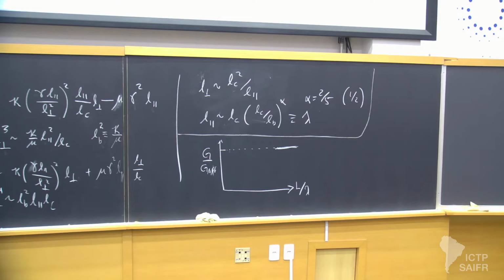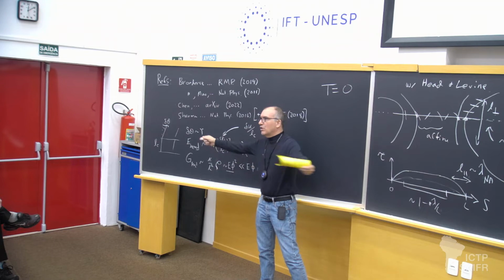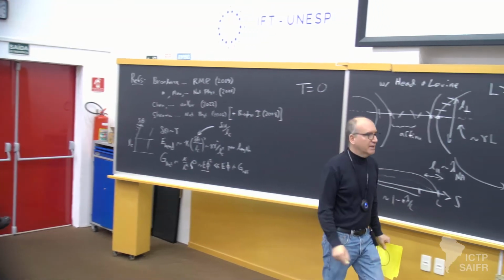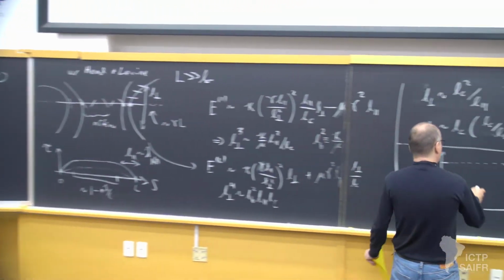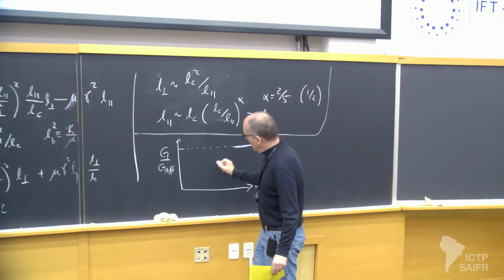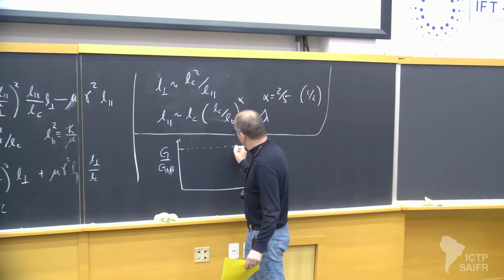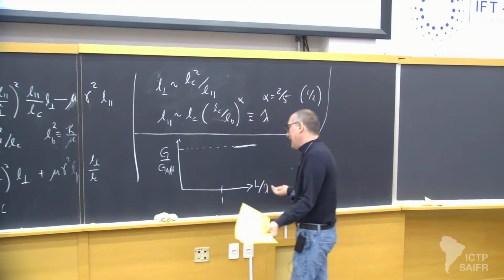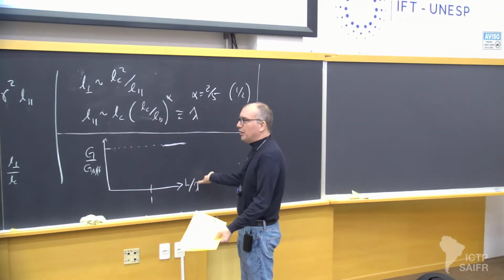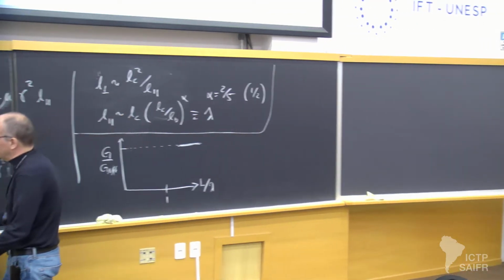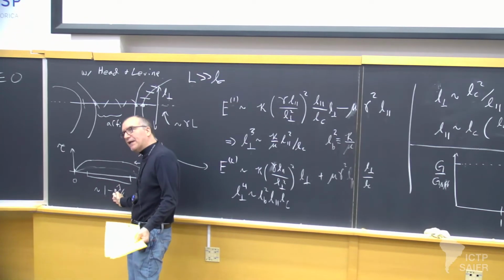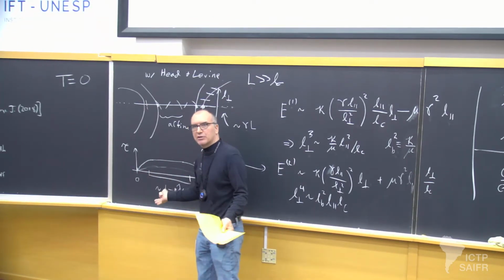This result right here is a lattice-like result. It doesn't account for long fibers. That's what's missing. But now, when that ratio is of order 1, then I'm learning that only a small fraction, half or less of the fiber, is stretched.